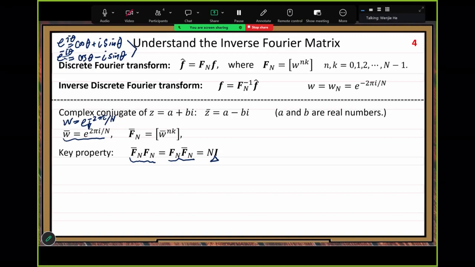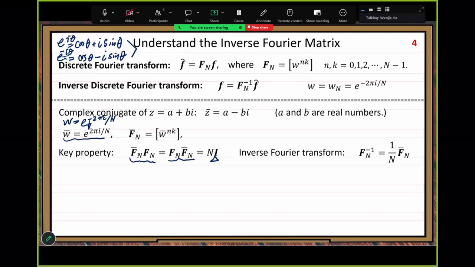Then we get the inverse immediately: the inverse is 1 over capital N times capital F conjugate.